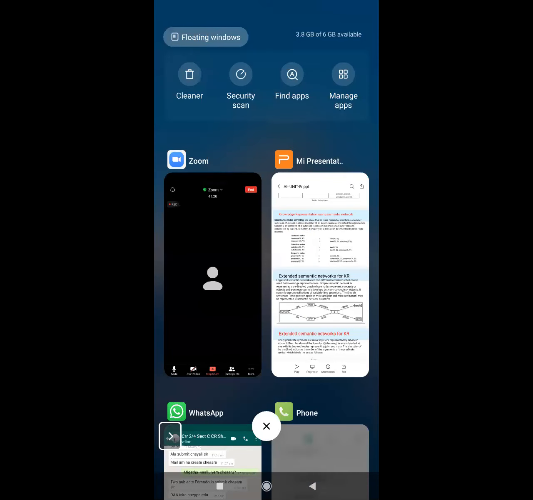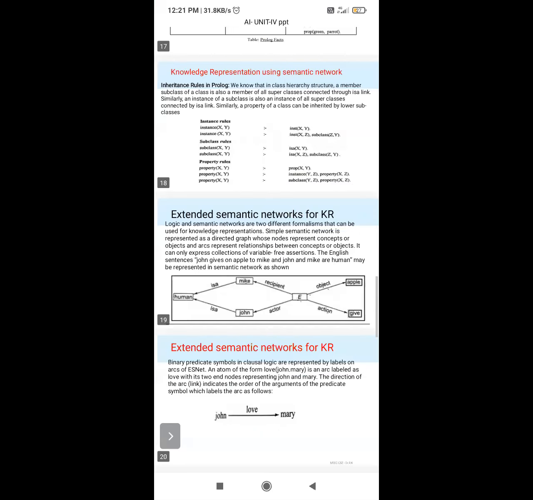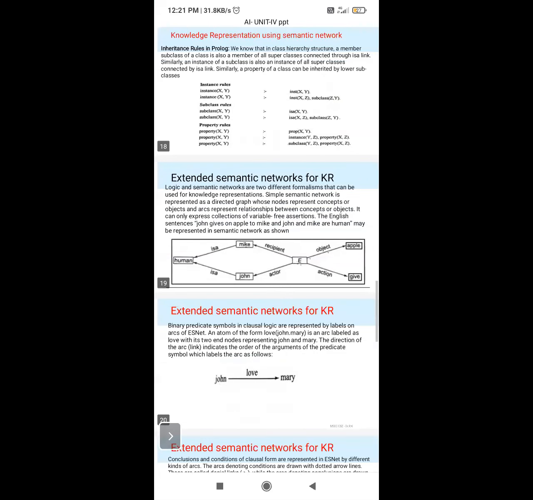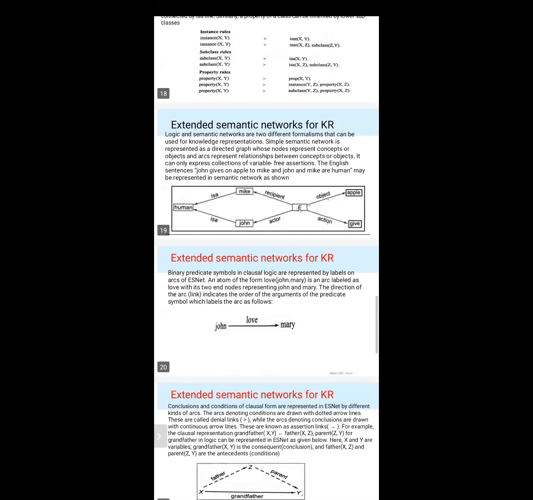So the next topic is extended semantic networks for knowledge representation. Logic and semantic networks are two different formalisms that can be used for knowledge representation.